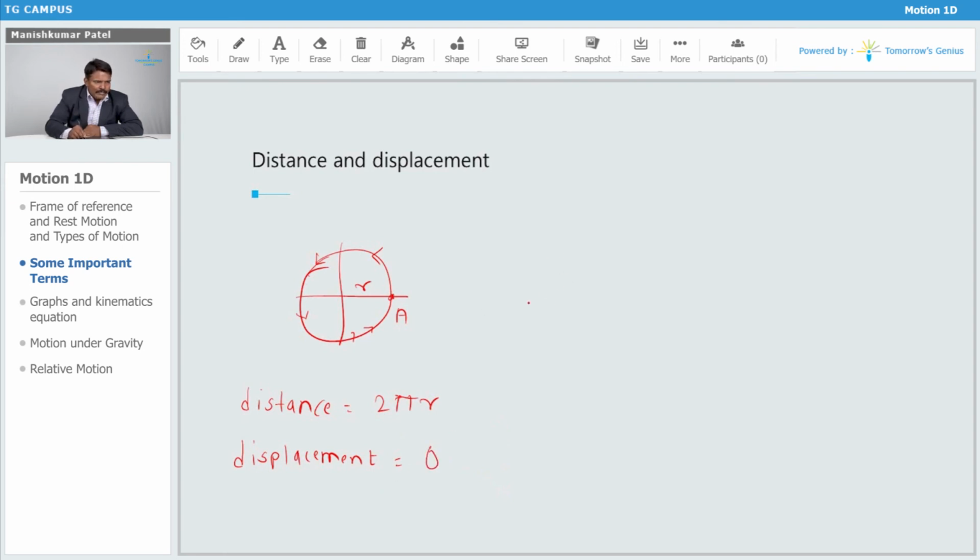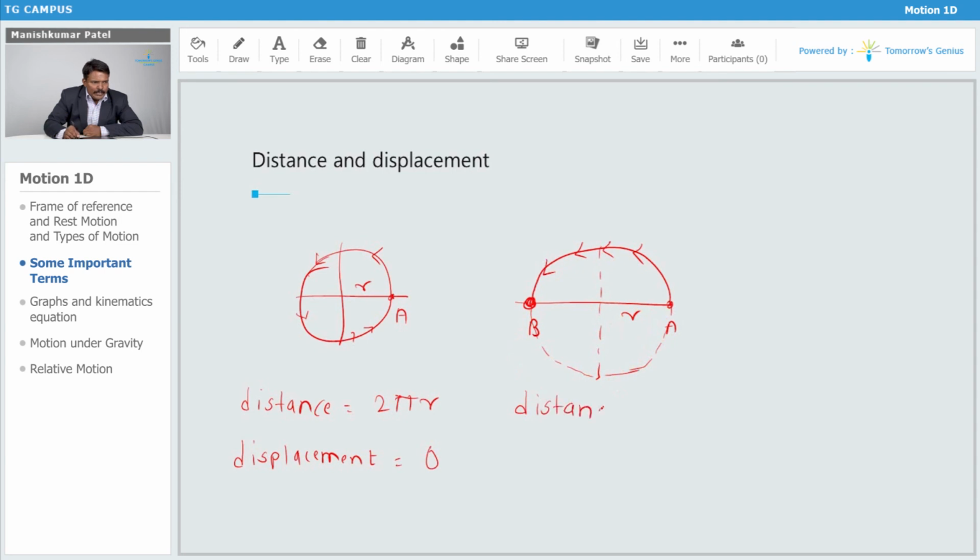For the next case, let's say this is point A and this is point B. Now I am moving along the circumference of the circle. This is the actual path along which I am traveling, again a circle of radius R. So you're going from A to B. What is the distance?